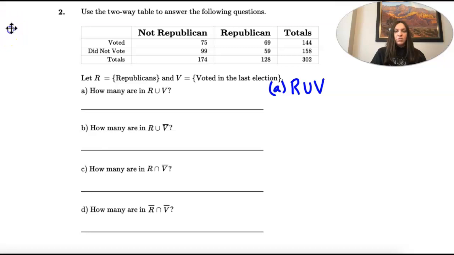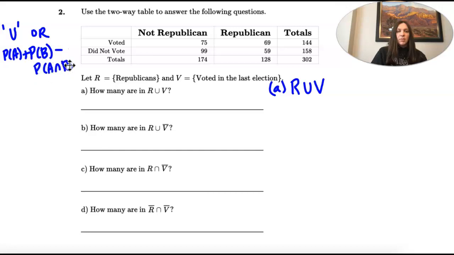So when we are using or, we're going to use the equation, which means we take the probability of one of them plus the probability of the other and subtract the overlap, or the and. Okay, so this means R union V, this means Republican or voted.